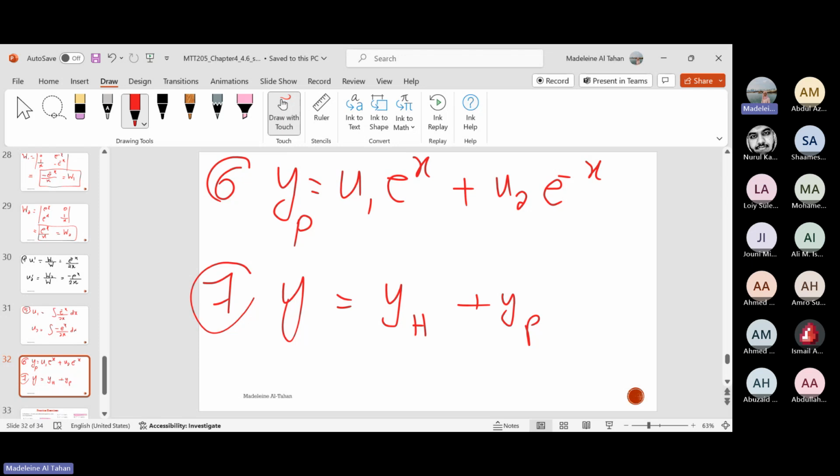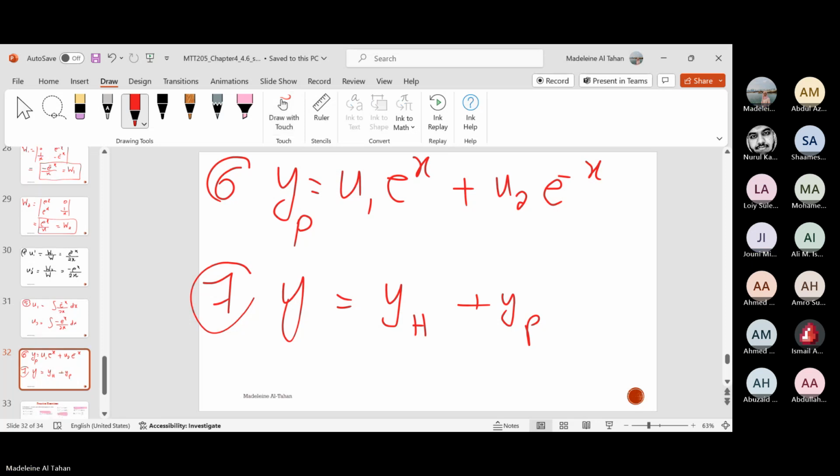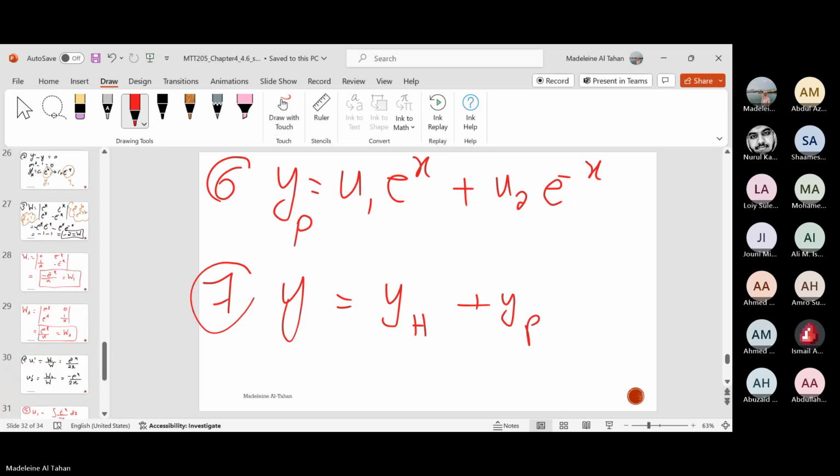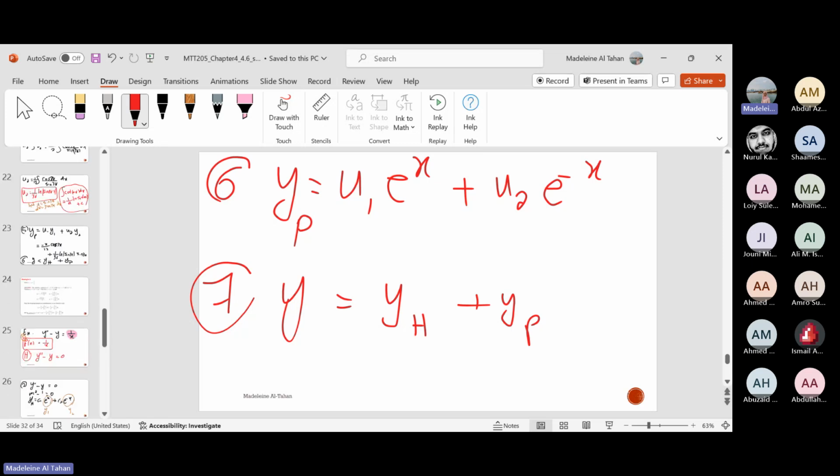I need to write it in terms of series, special functions, or in terms of these integrals. Is it clear? In the exam you won't get something like this, and there will be an answer for it. I will keep it for you as a hint that you can keep it in terms of the integral. So you know that this one, we cannot find its integral. Do we have any questions?